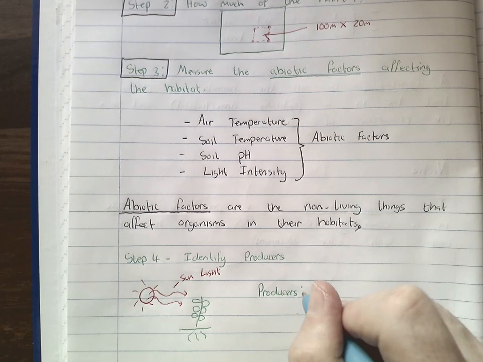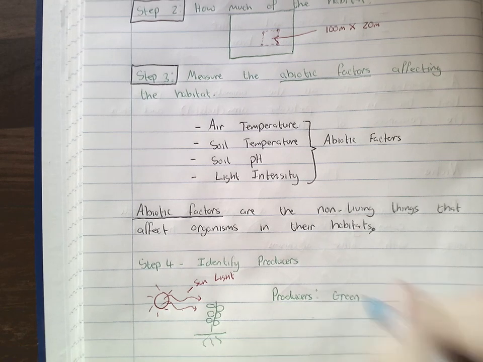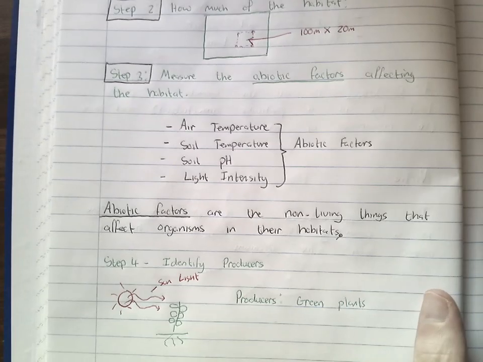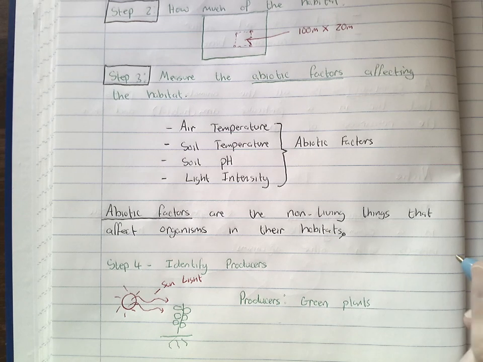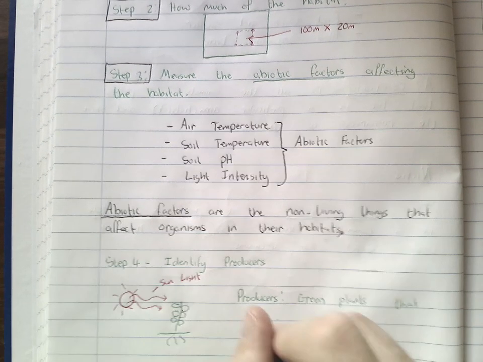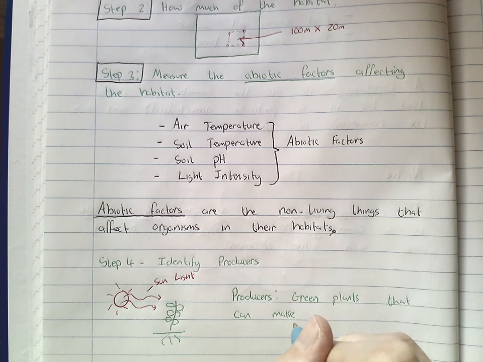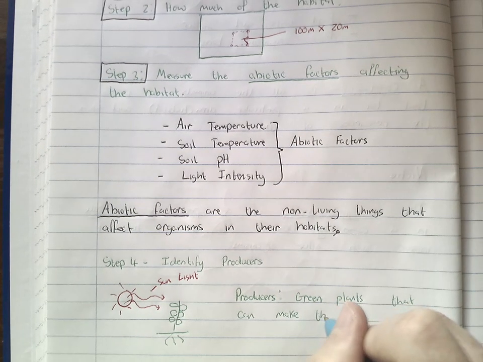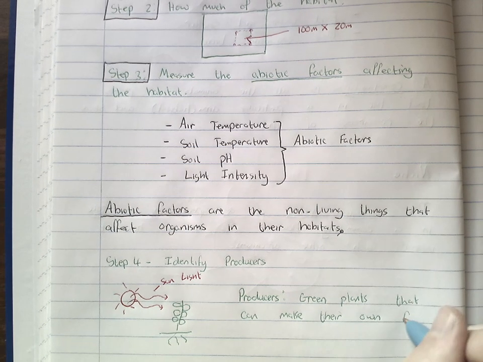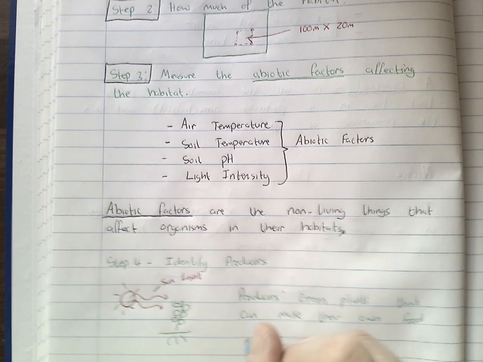they're green plants that can make their own food using the process of photosynthesis.